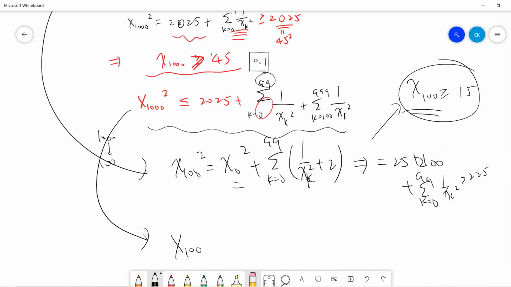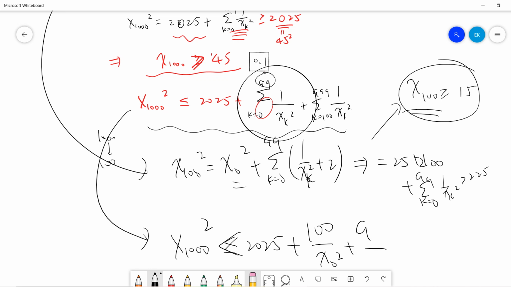So now x1000 squared is less than 2025 plus something. Now I can change this term to use x100 squared, so it is less than x0 squared plus 900 times 1 over x100 squared. There are 900 terms, right?